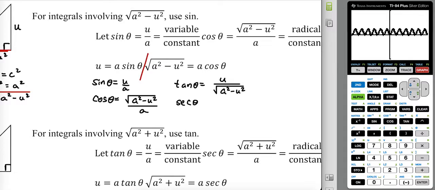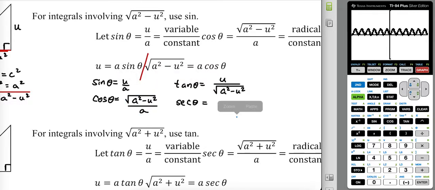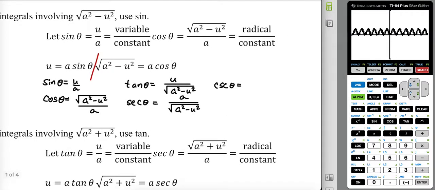Secant, which is really just the cosine function flipped. We could have the cosecant, which is really just the sine function flipped.